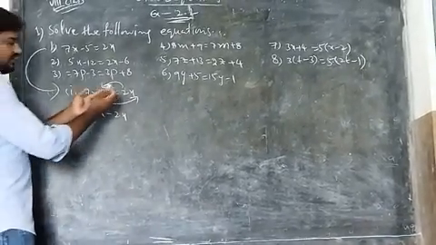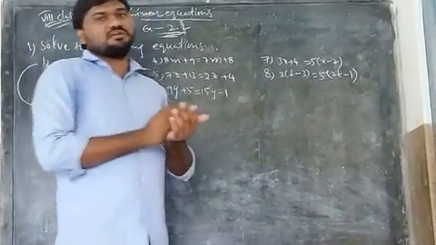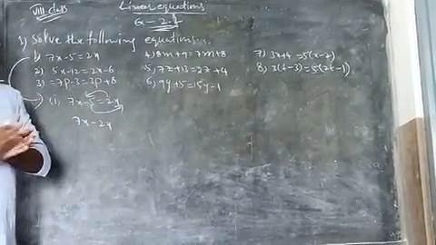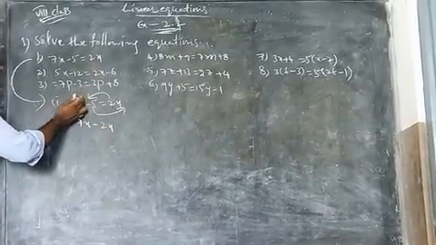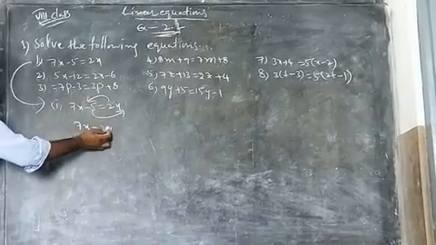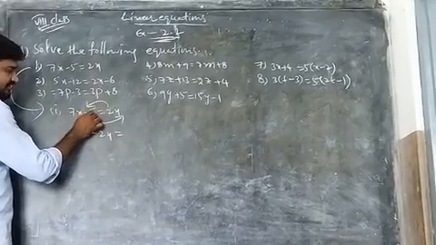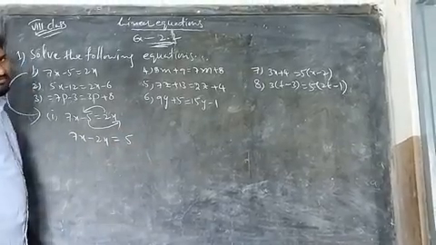Why? Because when you change from one side to the other, if you have a negative it becomes a positive, and if you have a positive it becomes a negative. So translating to the left side gives minus x is equal to, and translating the negative term to the right side gives plus 5.